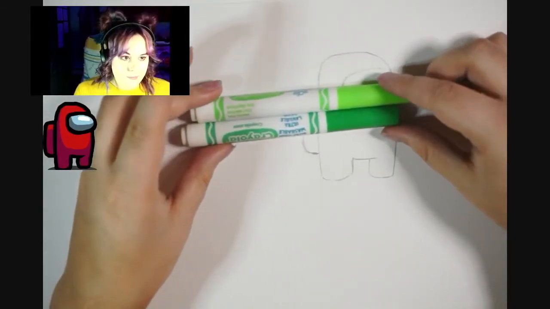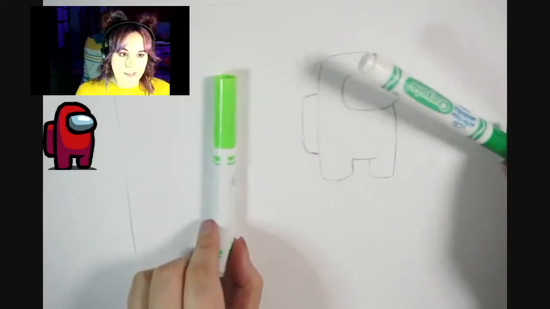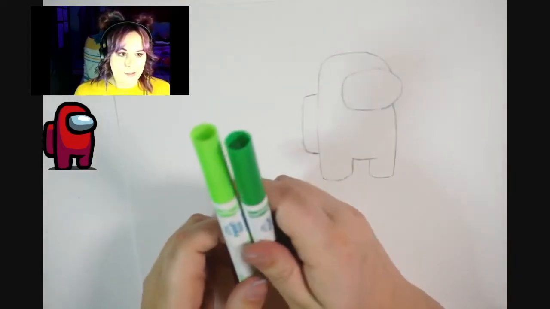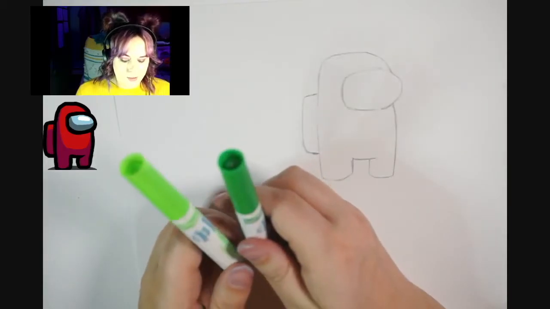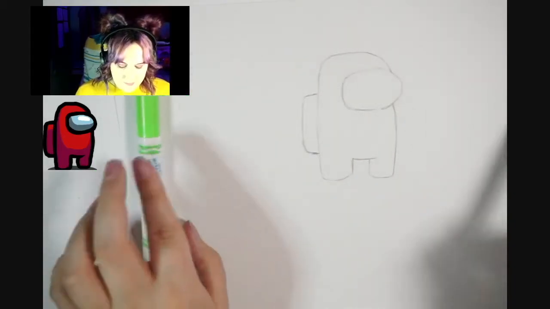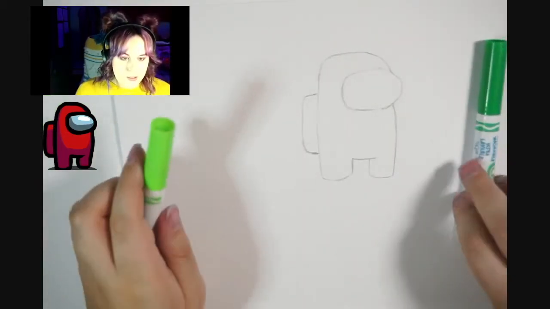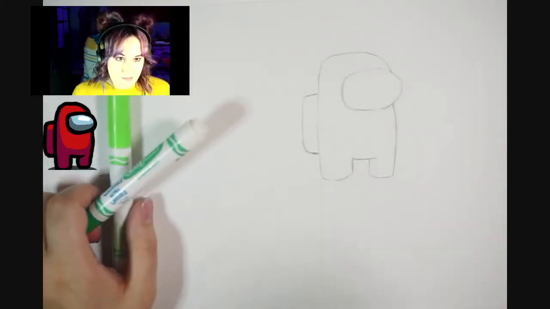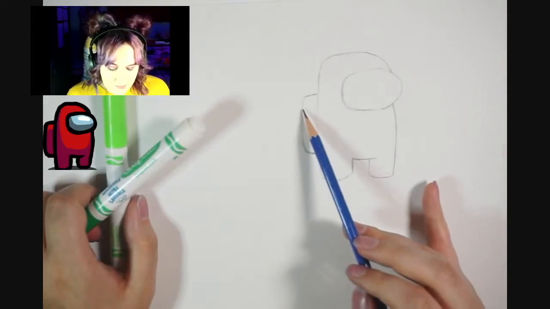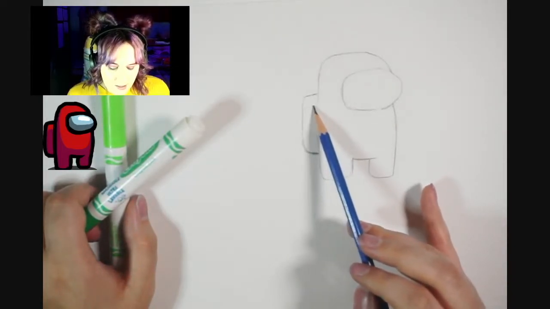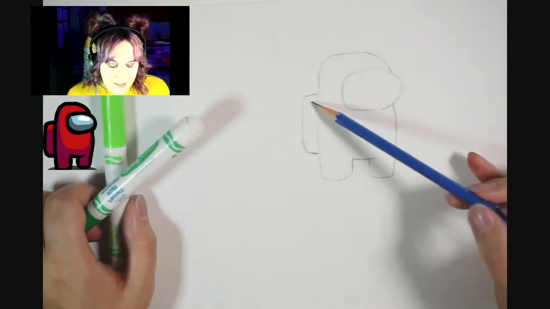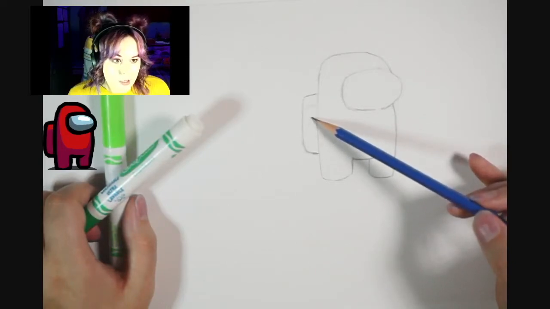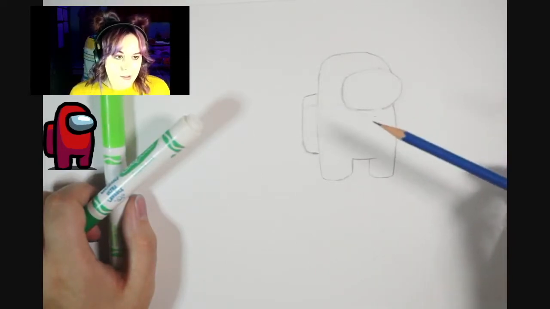Next, I have a real lime green and a slightly darker green because I'm going to do my character as a green one. So if we look at the Among Us character, maybe I'll just do a little bit of a pencil mark, just very lightly, because I know that this part of here is lighter and this part here is darker, right?